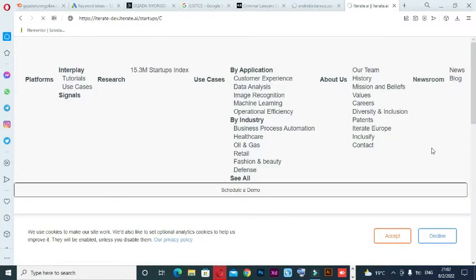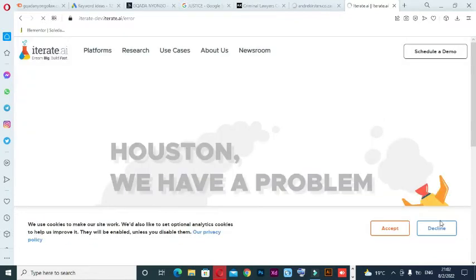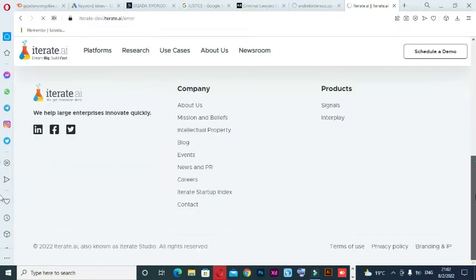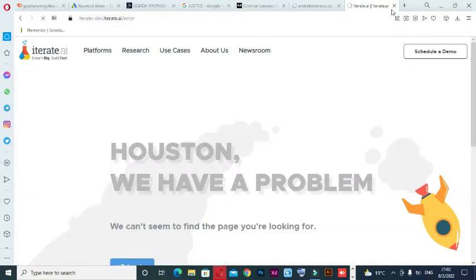Let me just write this. We need backlinks. We need traffic to the website. My internet now is betraying me. Okay. Also, this is a backlink on that website, which is linking this website.